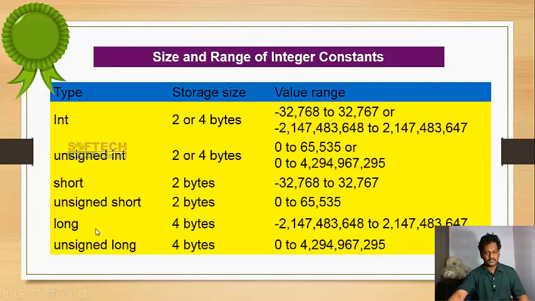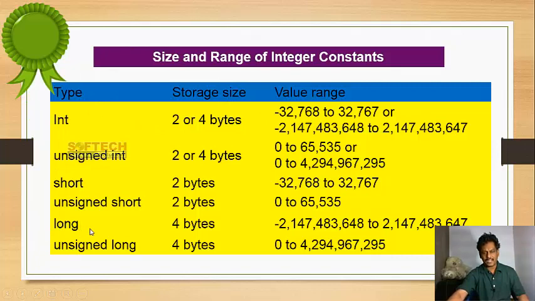Long. If we declare long a, it is equivalent to long integer a. Long int a or long a, both are equal. The size is 4 bytes. The 4 bytes in modern compilers and processors is allocated for integer, but by default integer is 2 bytes.